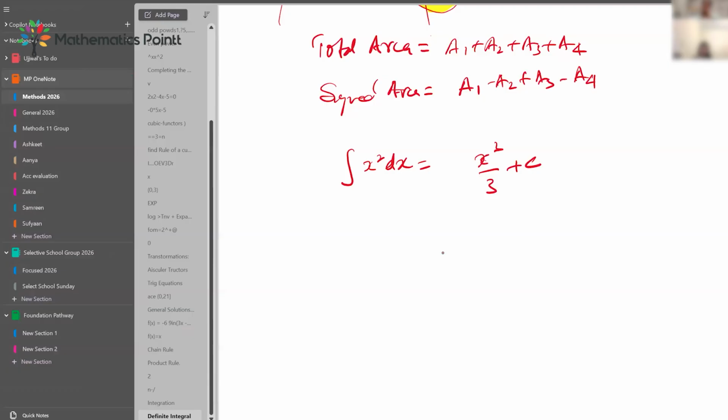I don't have boundaries to it. The answer is still a variable, x. So the moment I define my boundaries, I'm actually assigning values to this x, and hence I am getting down to a definite value, a real number. And that is why it's called definite integral.